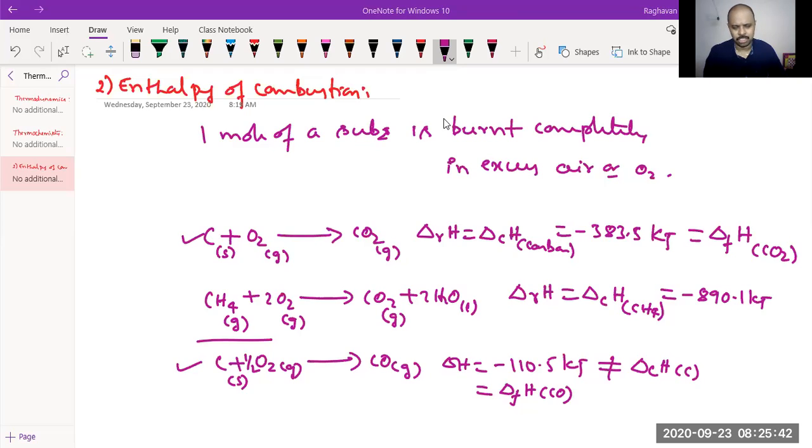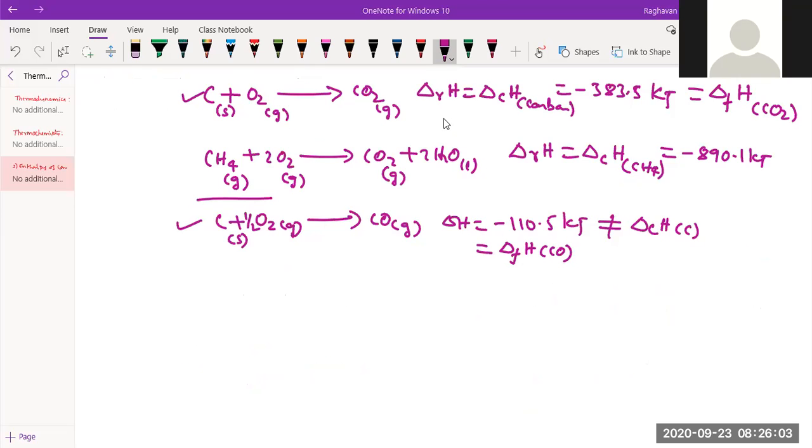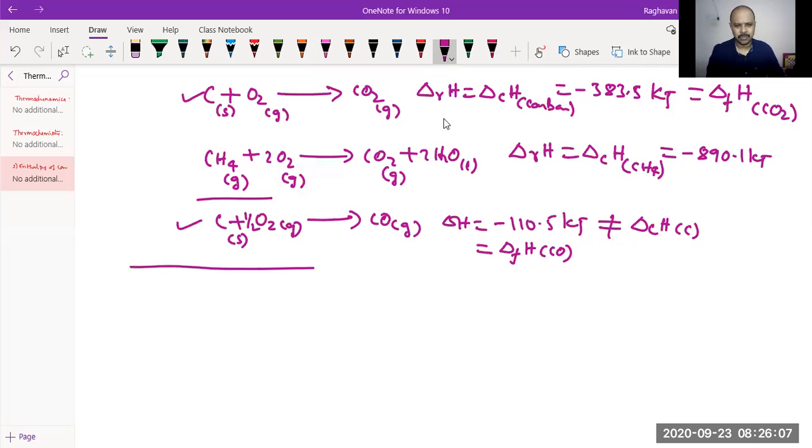Enthalpy of combustion of a particular substance, do you think it is always negative or can it be positive also? What do you mean by enthalpy of combustion being negative? Delta H negative means, at first sight, what is that? Exothermic, right?